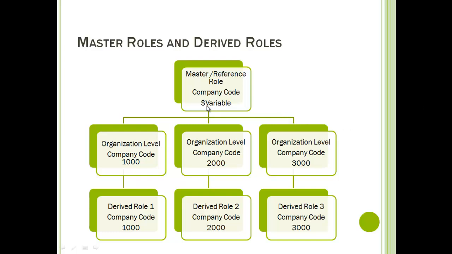The idea behind the master role and derived role is that you create one role, called the master role or template role, then you roll it out to different derived roles with the same authorization objects but with different organization levels.